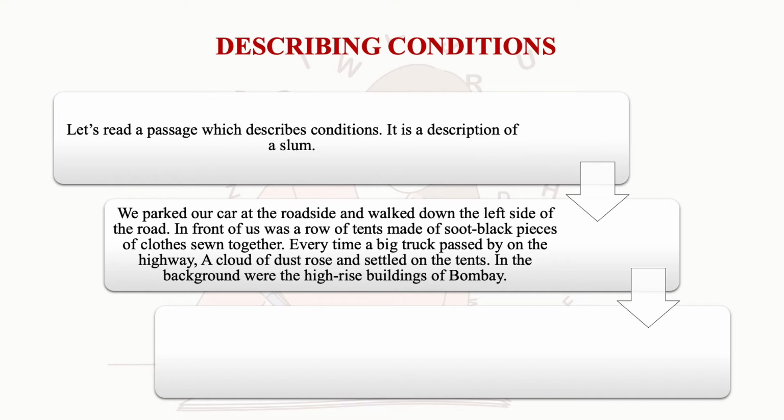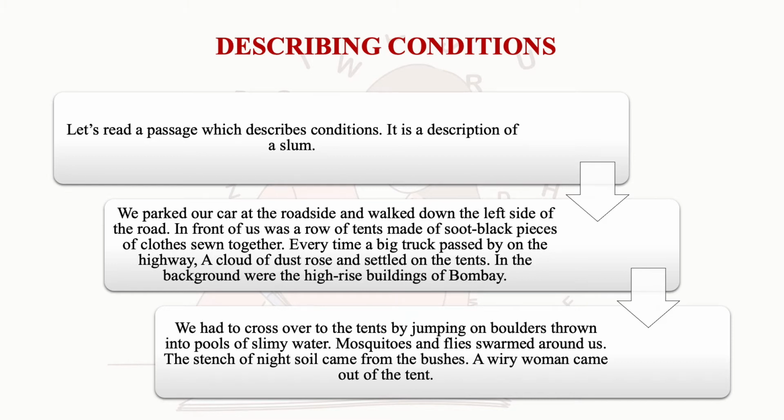Every time a big truck passed by on the highway, a cloud of dust rose and settled on the tents. In the background were the high-rise buildings of Bombay. We had to cross over to the tents by jumping on boulders thrown into pools of slimy water.